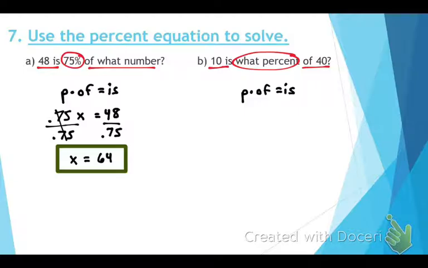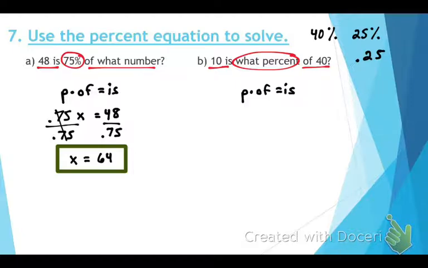Okay, as I looked around, I saw 3 separate answers. Some people got 40%. Some people got 25%. And some people got 0.25. Just looking at that, which one can we eliminate right at the beginning? 0.25.